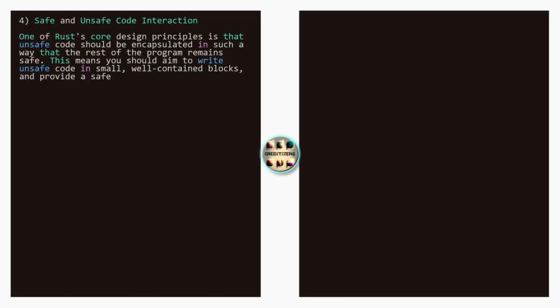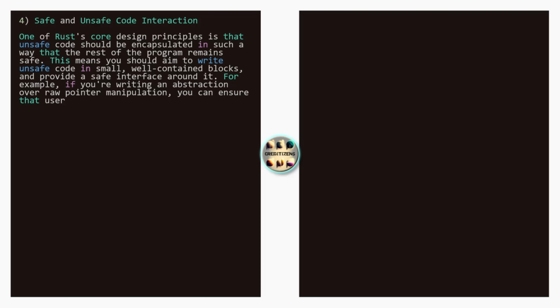This means you should aim to write unsafe code in small, well-contained blocks and provide a safe interface around it. For example, if you're writing an abstraction of a raw pointer manipulation, you can ensure that users of the code can call your API safely while the unsafe operations are hidden inside the implementation. Okay?